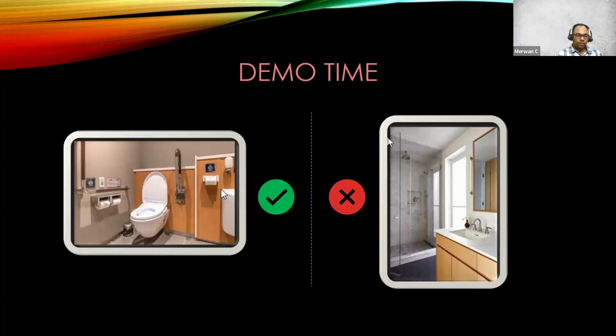And we are about to see what we have talked about in action in a couple of moments. Here you can see on the left side that our model successfully identified a bathroom with a toilet seat. And on the right side, there is a bathroom too, without a toilet seat, and the model says this isn't a toilet seat.